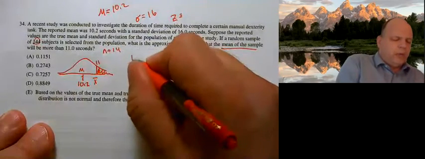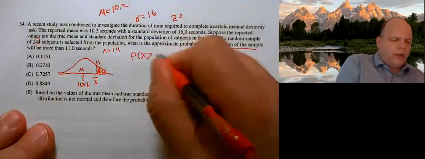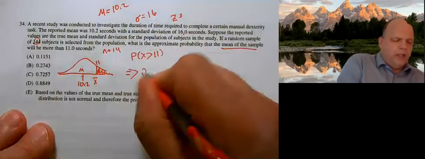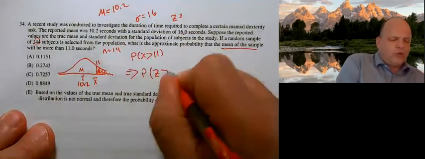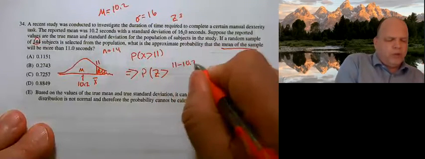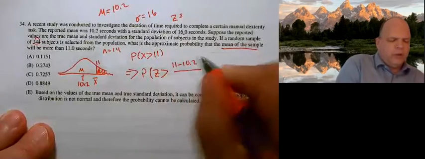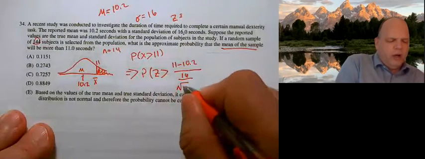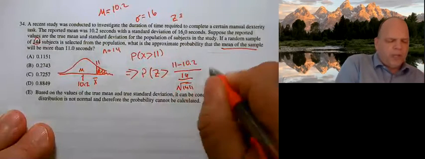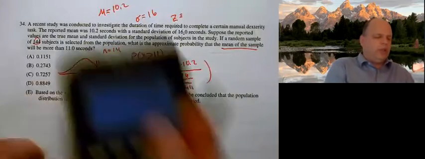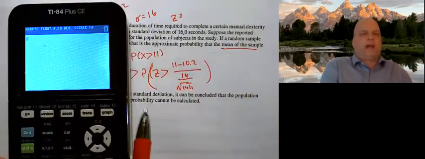So they want to know the probability that X bar is greater than 11, which is equal to the probability that Z is greater than 11 minus 10.2 over, my standard deviation was 16, but they gave me a sample size of 144. Now there's a couple of ways to do this, but I'm going to go ahead and run a z-test because that's going to be probably the fastest.